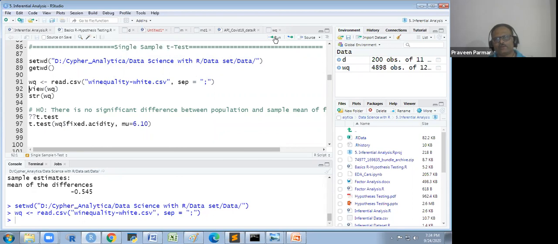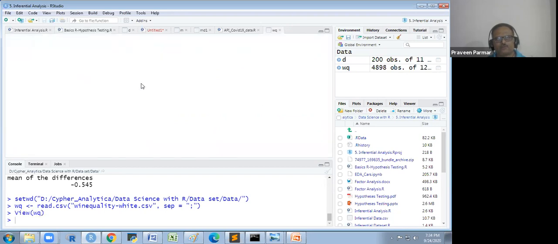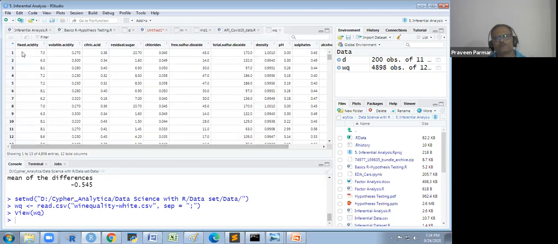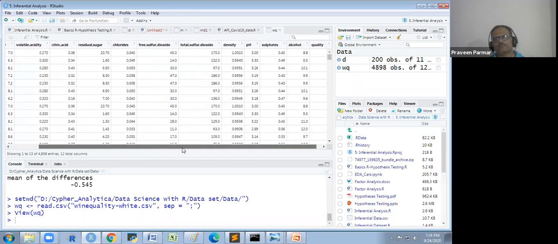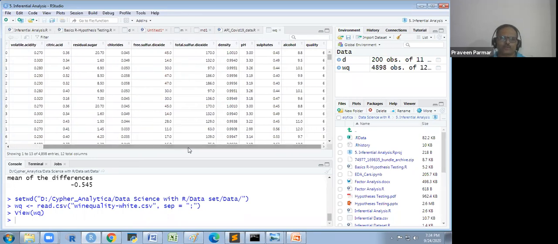Everybody knows this data, about the acidity and all these things. Fixed acidity is given, volatile acidity, citric acid, residual sugar, chlorides, free sulfur dioxide, total sulfur dioxide, density, pH value, sulfates, alcohol, and the quality of the wine. These are the variables we have.